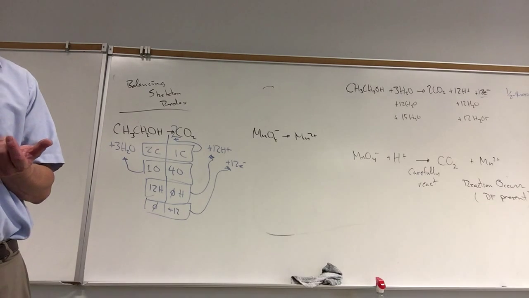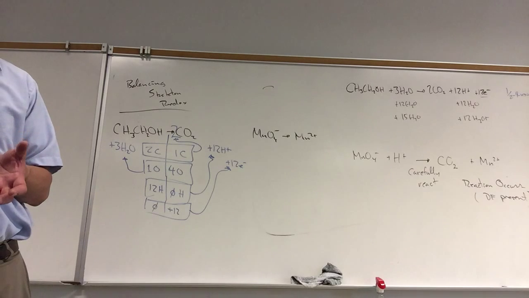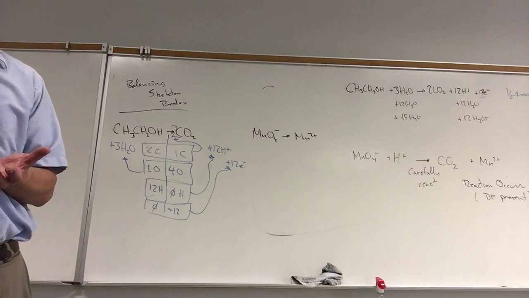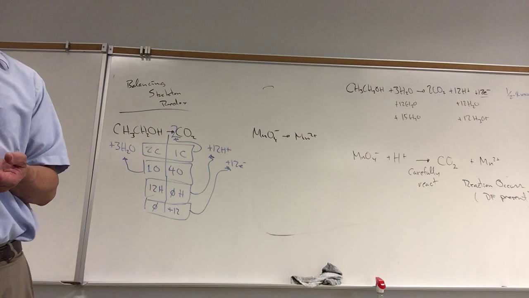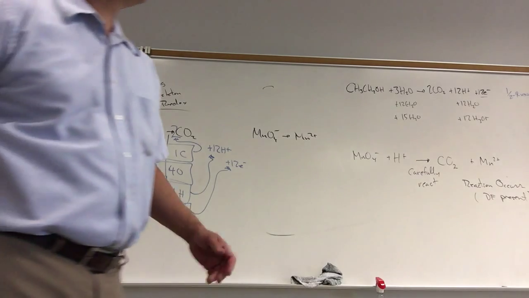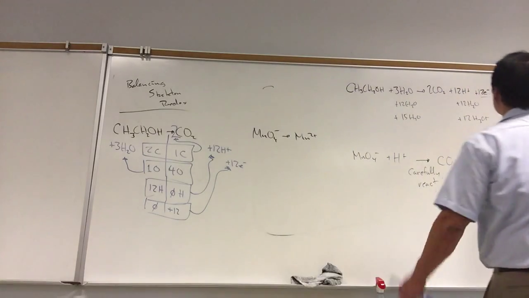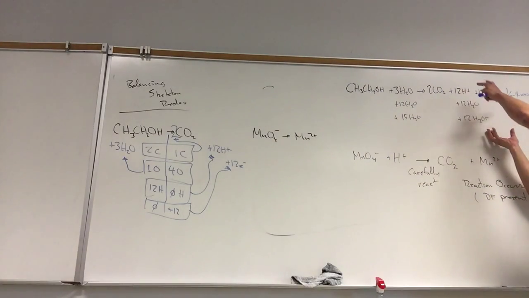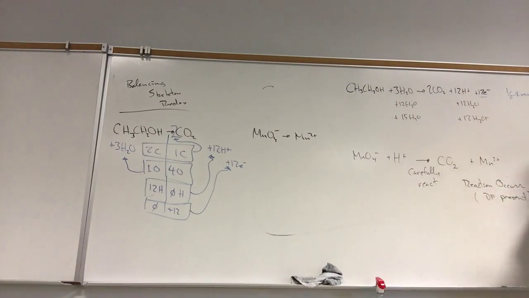So for example, if you wanted to go grab a bottle of 12 moles of electrons off the shelf, are you going to be able to do that? No. These 12 moles of electrons are products. So I'm just going to let those 12 electrons go into a jar and close the jar, and then I'll just have 12 moles worth of electrons.